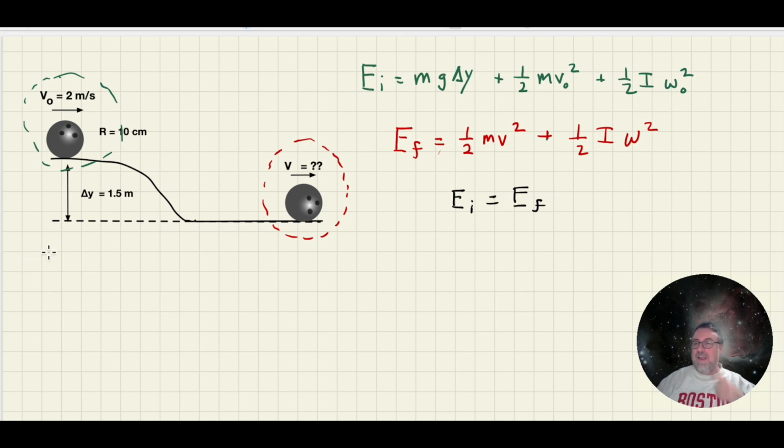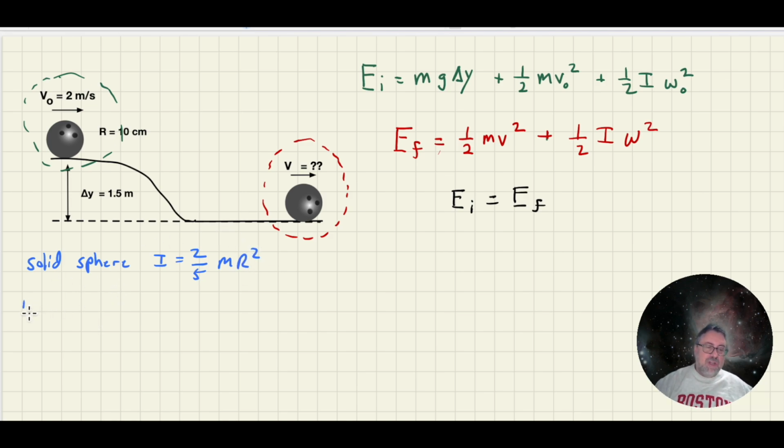Now, this looks more like there are terms I don't know, especially this angular velocity term and this moment of inertia. But a bowling ball is basically a solid sphere. So for a solid sphere rotating about its center, I know that I equals 2/5 mr squared.